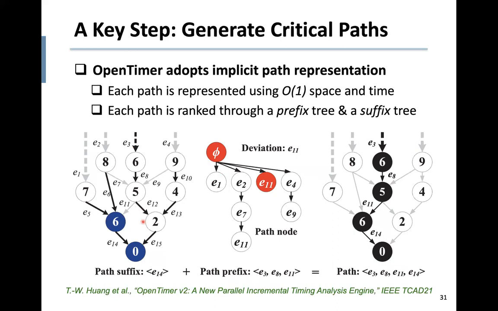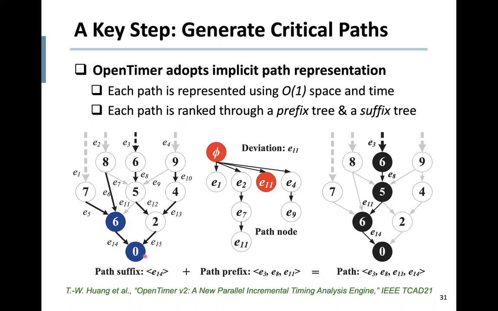In OpenTimer, we use a very specialized data structure to represent a path implicitly using constant time and space. Each path is co-represented by 2 complementary data structures, suffix tree and prefix tree. A suffix tree is essentially a shortest path tree rooted at the endpoint of a data path.